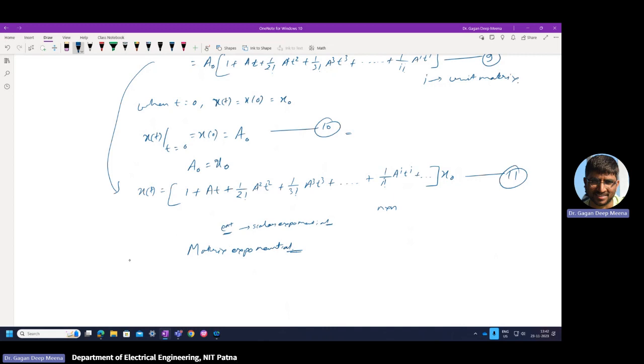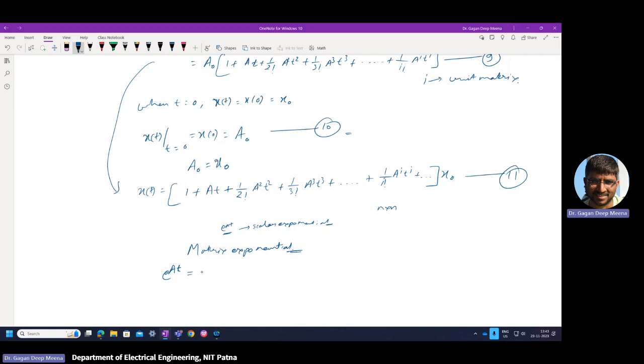And how would you write that matrix exponential, e to the power At. Your A is a matrix. Earlier you had a scalar quantity in this exponential term. Now here you have a matrix quantity, n rows and n columns, that's going in the exponent.